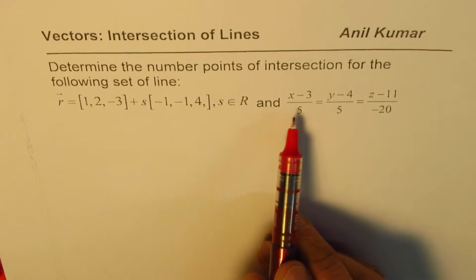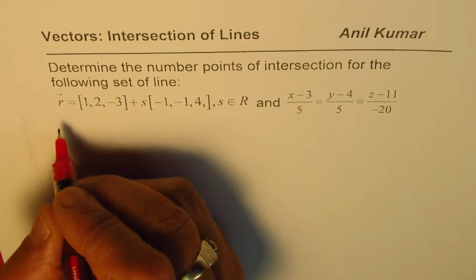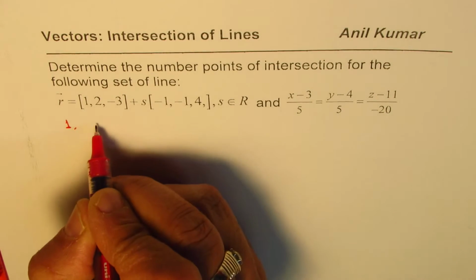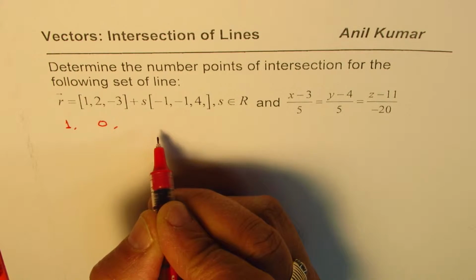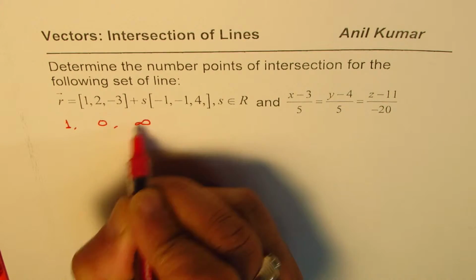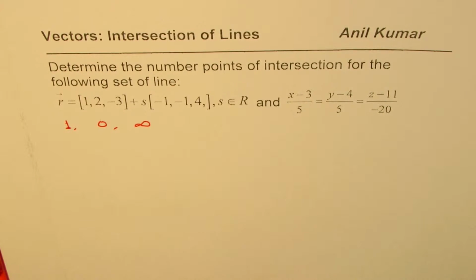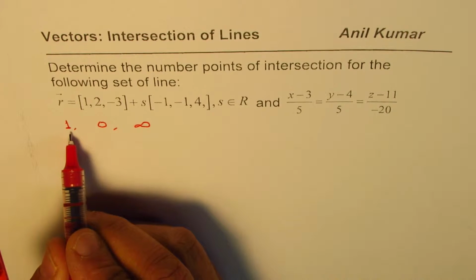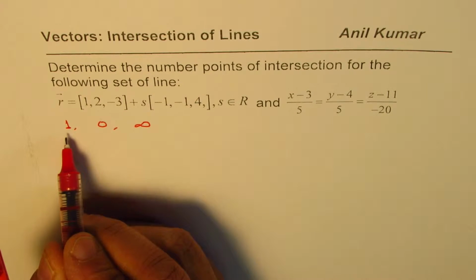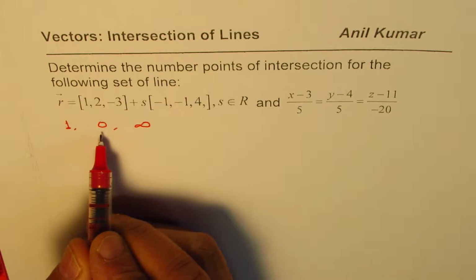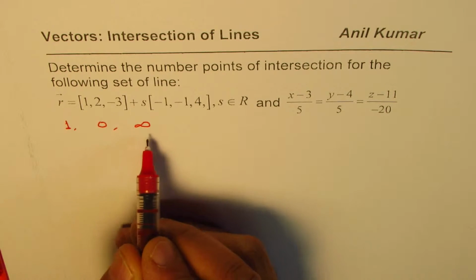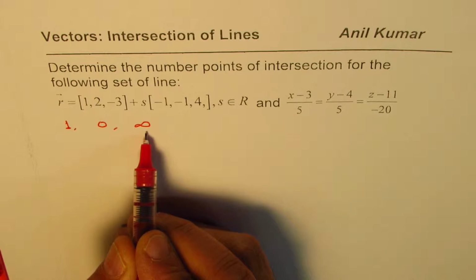So the number of points of intersection could be 1, could be 0, or could be infinite, right? It is 1 if we have any two lines which are not skew lines and not parallel. If the lines are skew or parallel, then 0, and if coincident, then infinite, right?